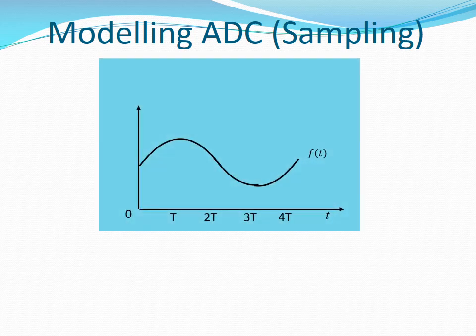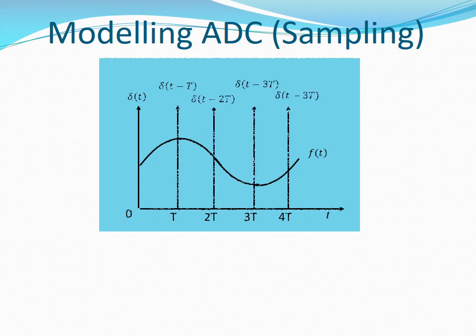Suppose we've got this continuous function f(t) that we want to change into a discrete signal. To change it into a discrete signal, we impose the sampler on the function f(t). This is essentially multiplying the function f(t) by the sampler function.